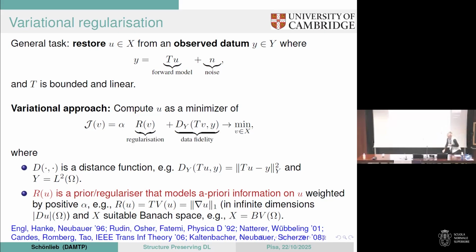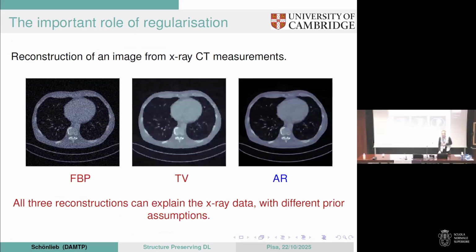Okay, now the object of interest for a structure preserving deep learning approach in this talk is really this regularization term. And the reason is that it very crucially determines how your solution looks.